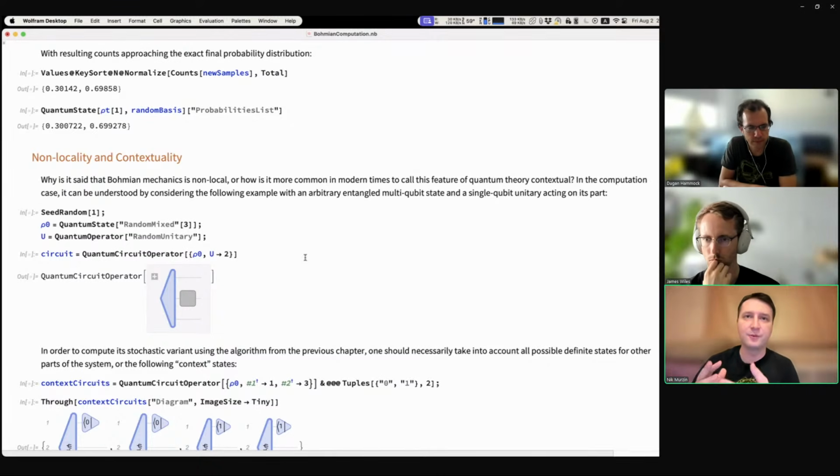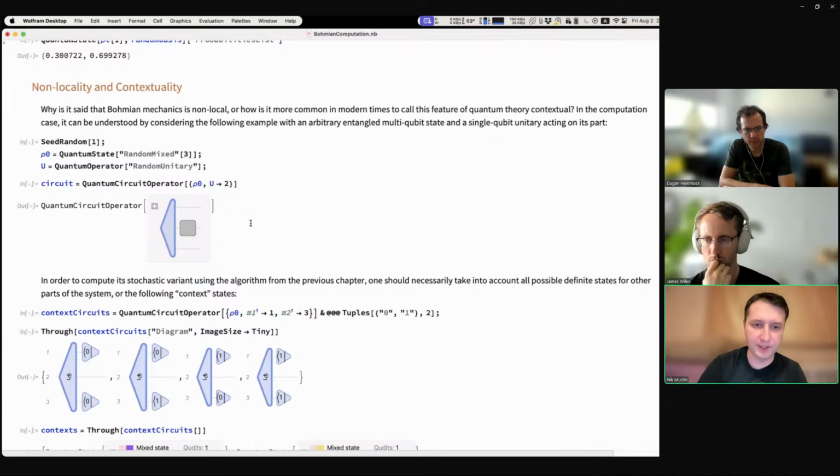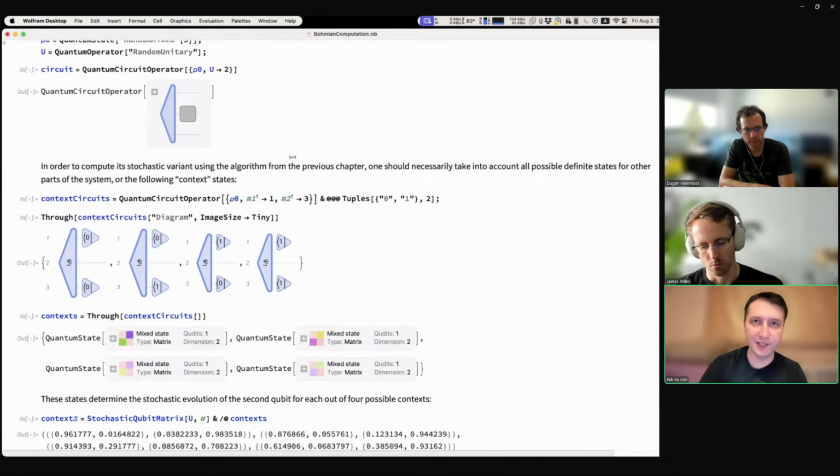Then how do you describe the dynamics of the second qubit when you apply some arbitrary unitary transformation on it, right? In the same exact way as we did earlier, what are the dynamics of that second qubit when it is actually entangled to other qubits? That's where non-locality arises, usually the Bell inequality, Bell non-locality, because there are different notions of non-locality, but that's a different problem.